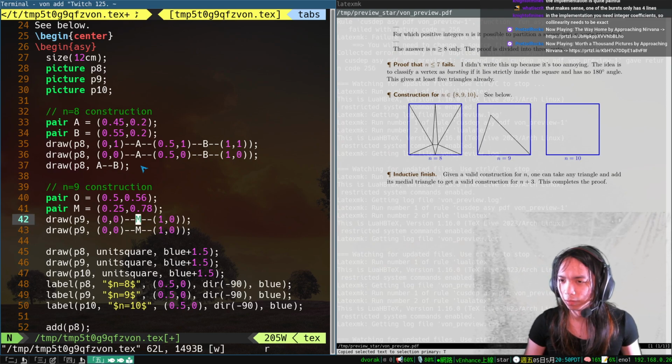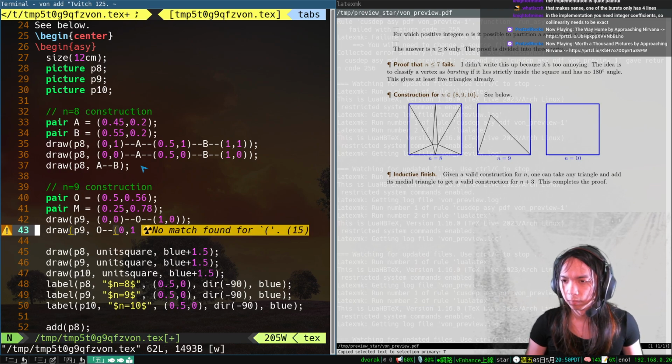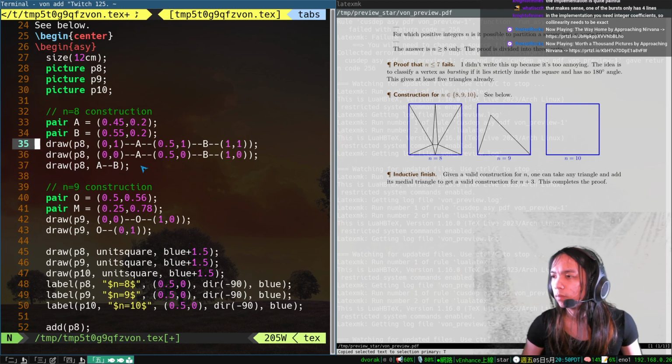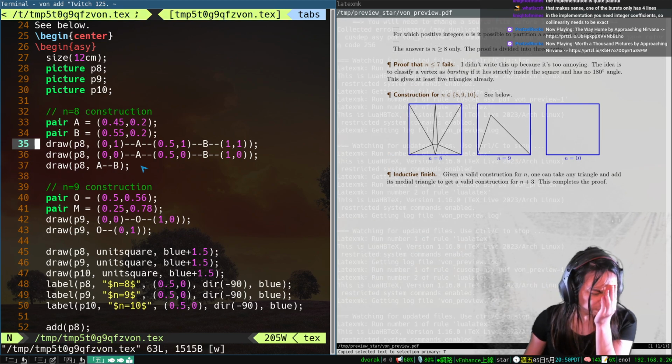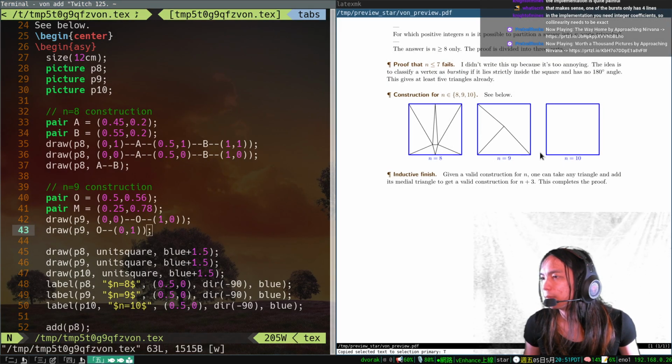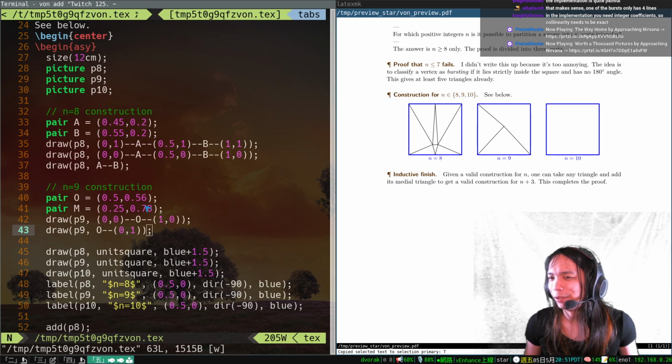Shit, that's not what I meant to do. I wanted O. That might be a little too close to the center.